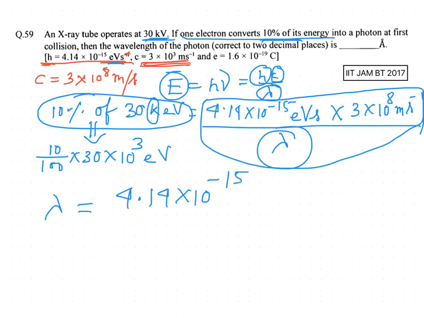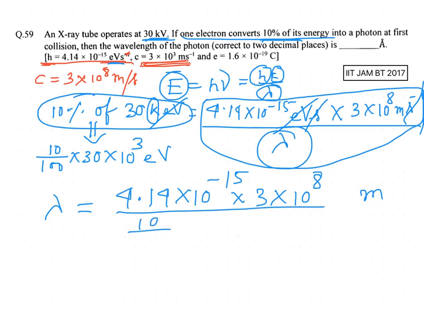Here electron volt cancels out, second inverse cancels out, and we get 4.14 times 10 to the power minus 15 times 3 times 10 to the power 8 meter, divided by 10 by 100 into 30 into 10 cube.